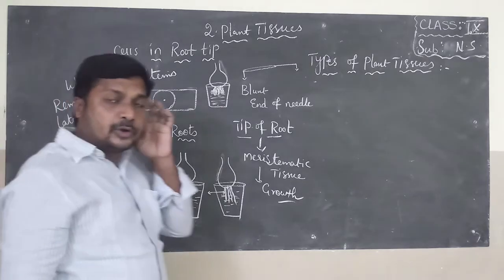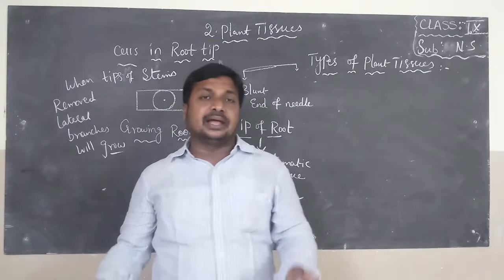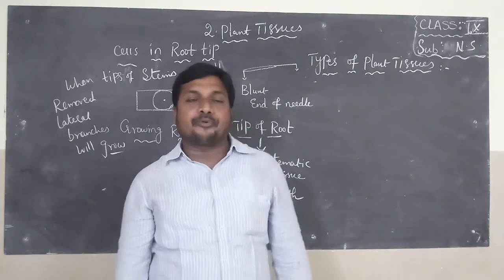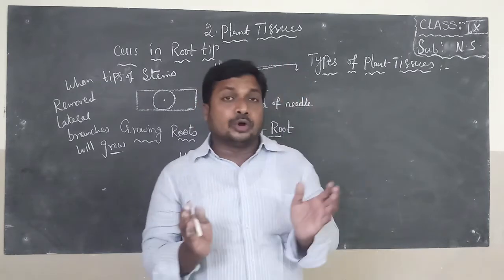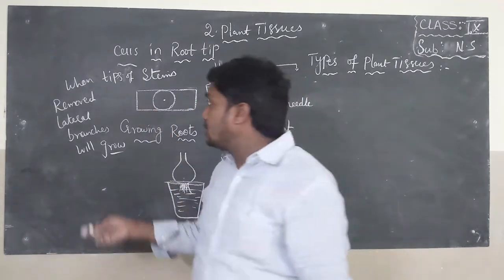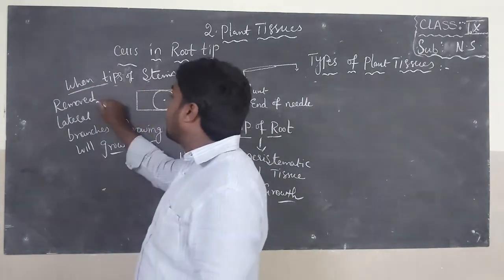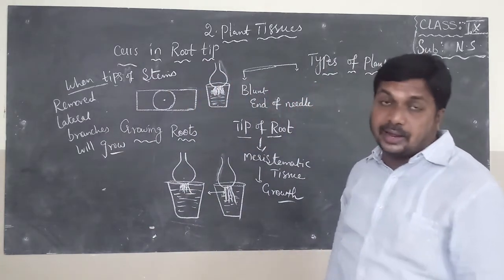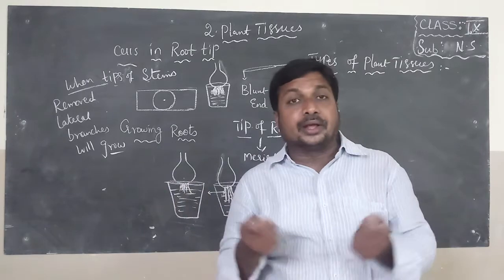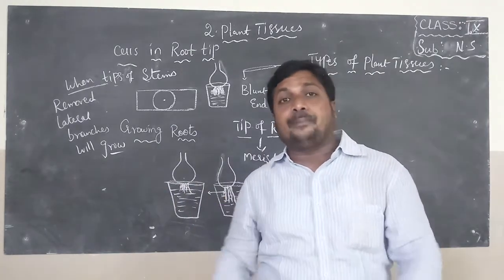That's why if you go to a park, the gardener cuts the tips of branches with a cutter. What is the reason? This helps the lateral branches to grow. So when tips of stems are removed, lateral branches will grow fast. Okay, that's why the gardener removes the tips of the branches.